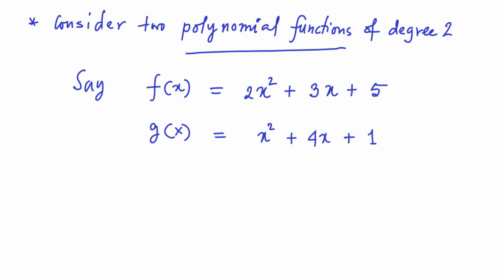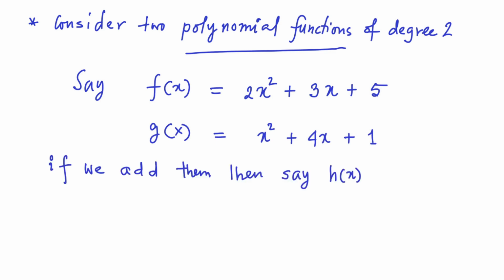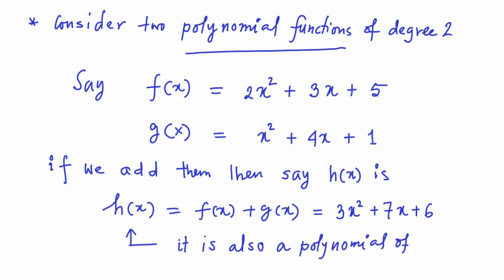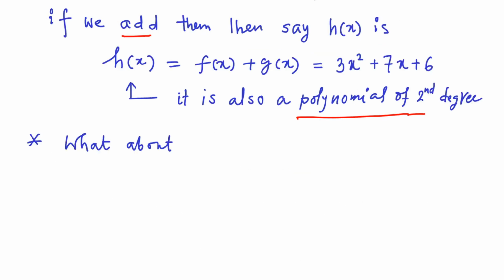Now you see that if I add these two functions f of x and g of x, and let's denote this new function to be h of x, then as you can see, h of x is 3x squared plus 7x plus 6. And if you look at the form of the function, this function is also a polynomial of second degree, as the functions f of x and g of x.